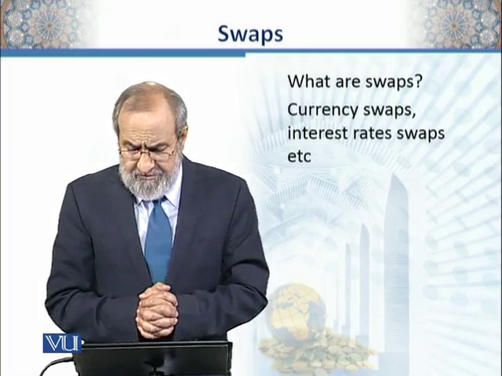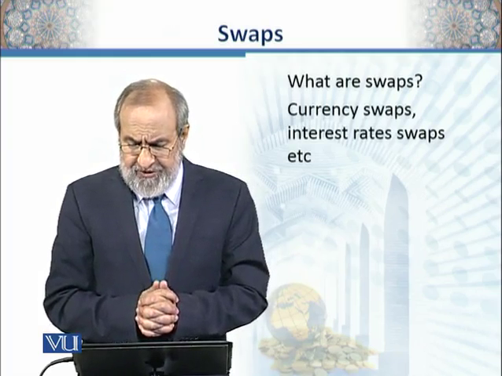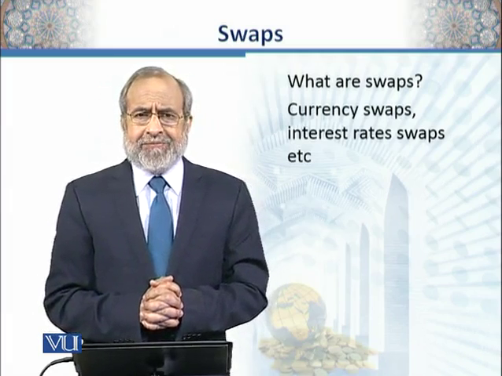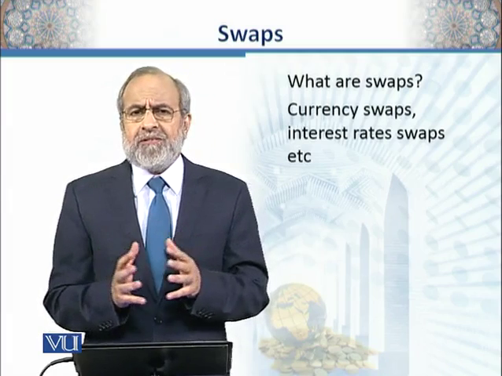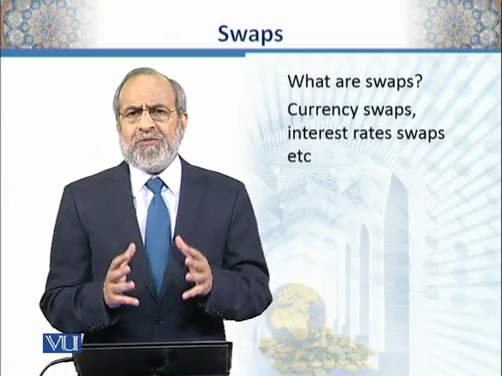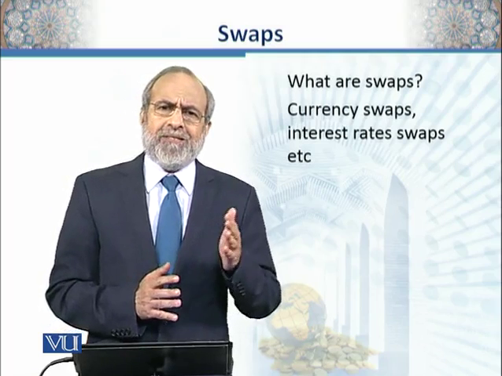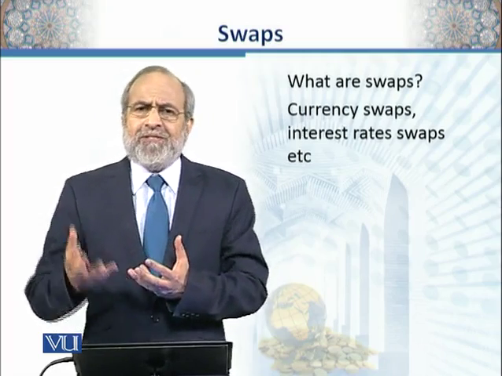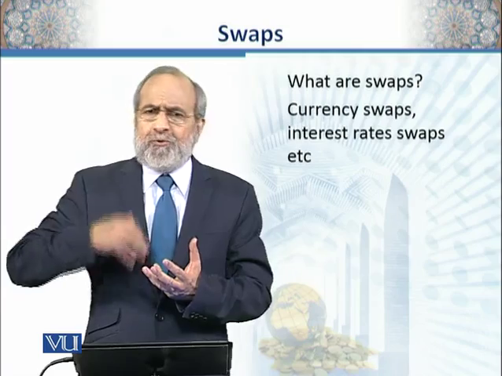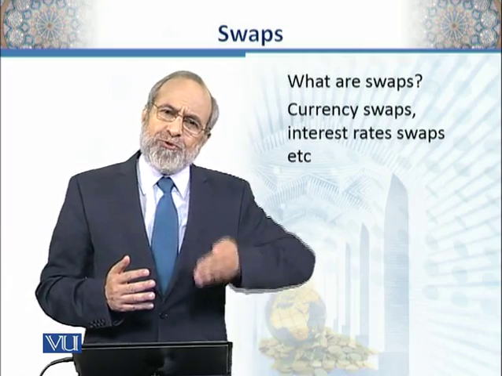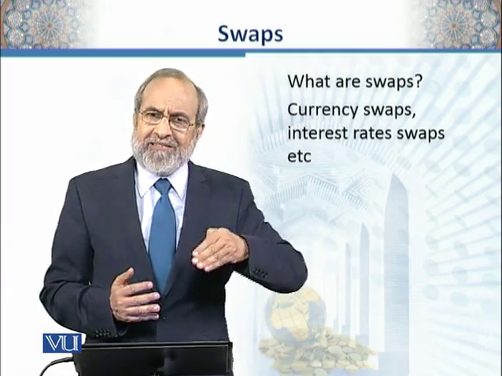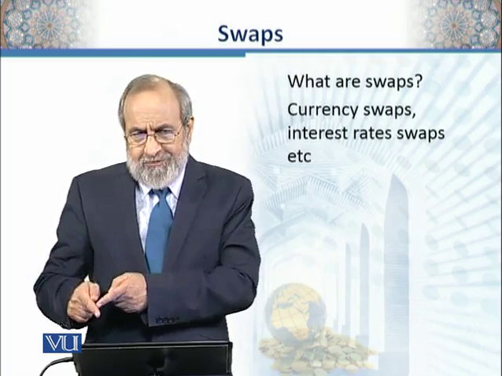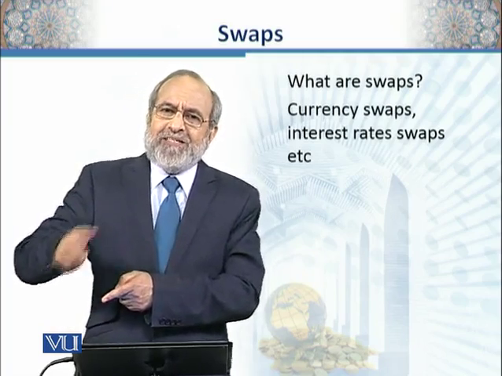There are currency swaps, there are interest rate swaps, and there are other swaps. So that the parties who are undertaking the arrangement of swaps are actually asking the other party to take upon itself the liability, the debt or obligation that it owes to a third party, and in turn this party accepts another obligation of this party with which it is swapping its obligations.